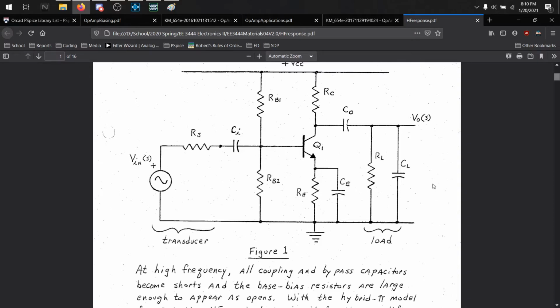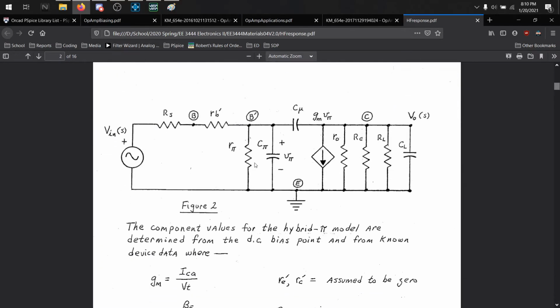These are coupling capacitors. Don't worry about them. They could turn to this. When you're dealing with DC, this opens up, or if you're dealing with low frequencies, the capacitors there just kind of disappear, right?